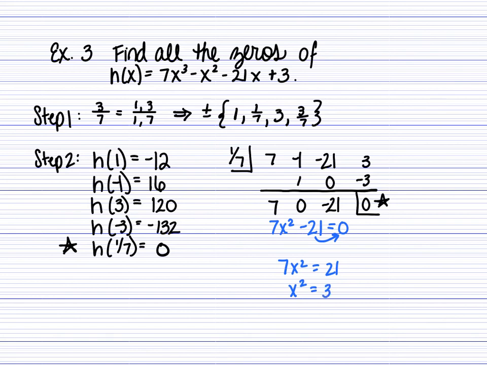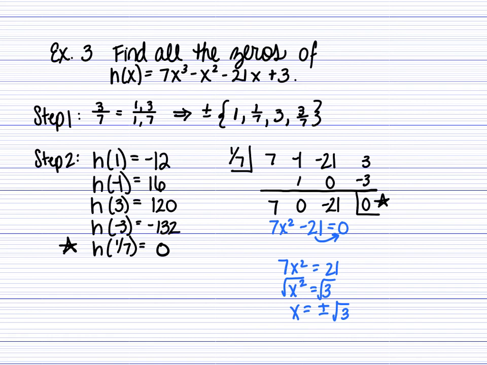And I square root. And I get x is equal to plus or minus square root of 3. The square root of 3 is not in our list because it's not a rational number. It's irrational. So we would have had to find the other two zeros algebraically, just like what we did.